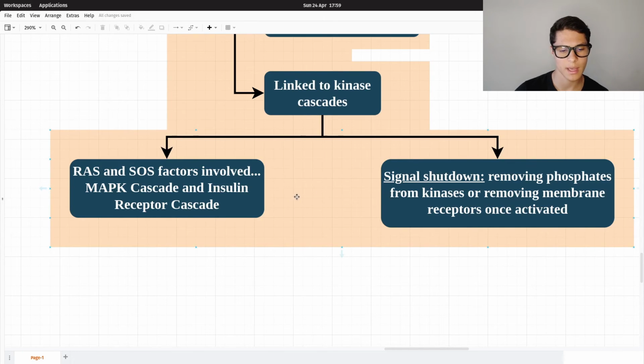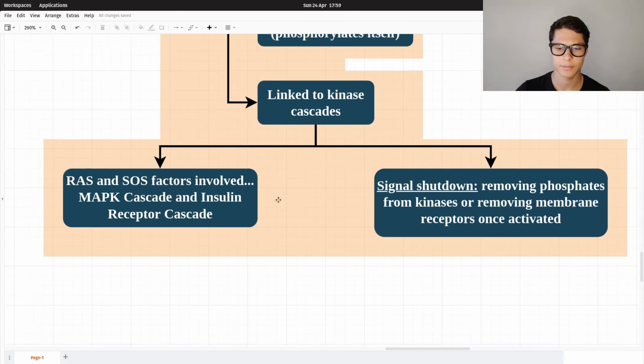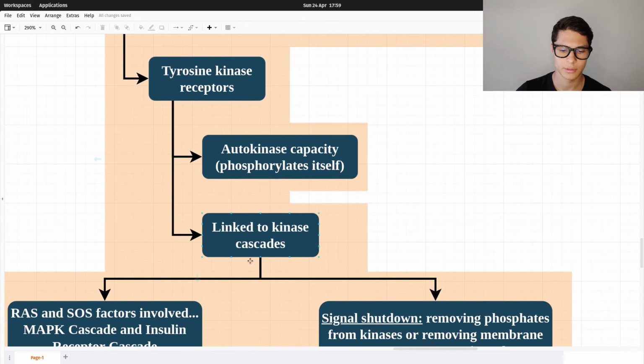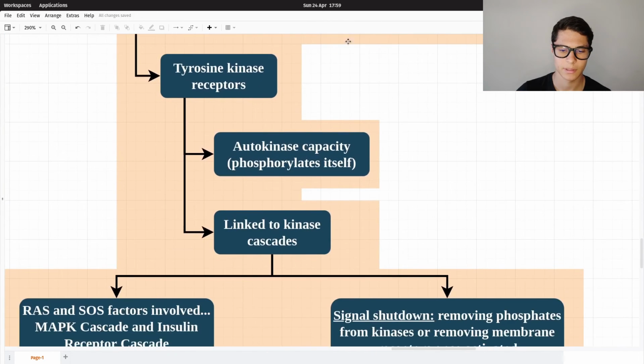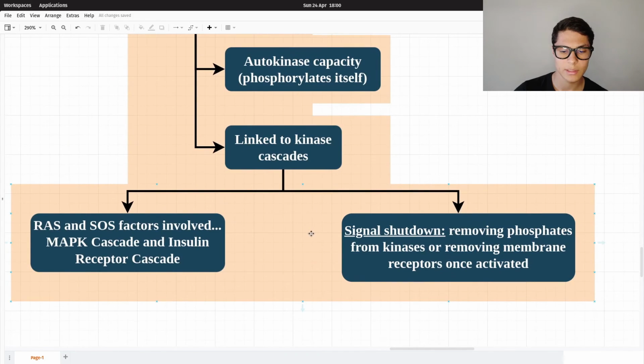So there are some cases when our body needs something very quickly, and we use the cascades, kinase cascades, but also adrenaline cascades, to quickly get those things done. That's a very effective and very fast way of signaling and making reactions occur fast.